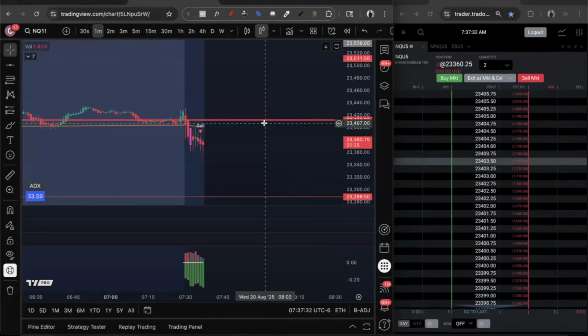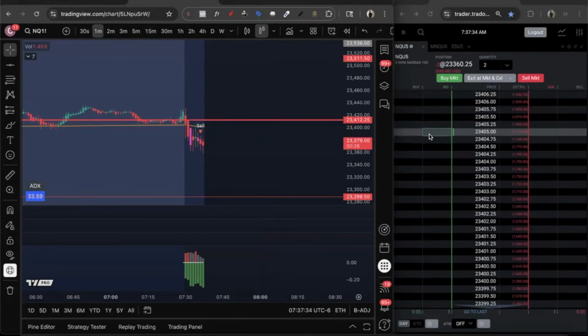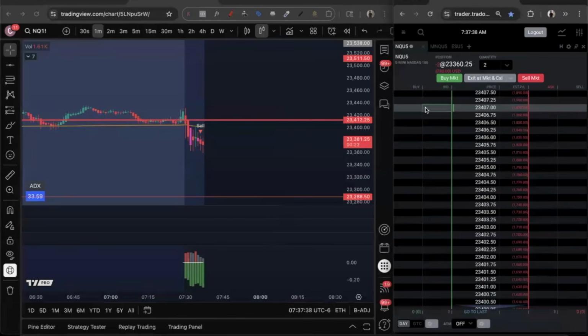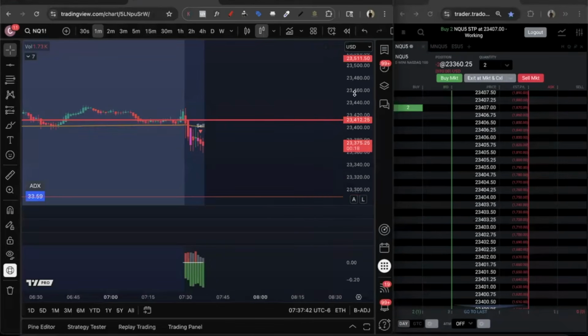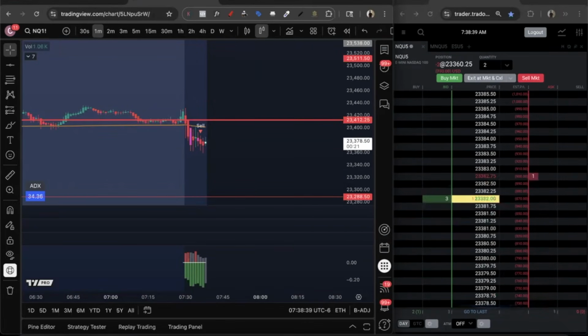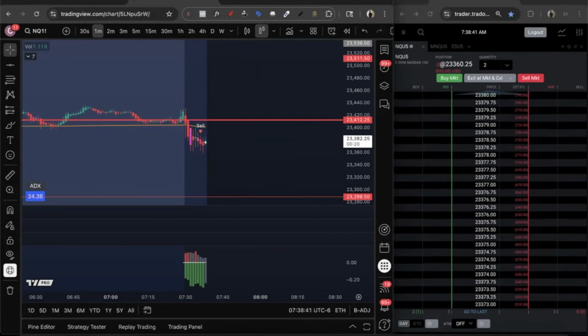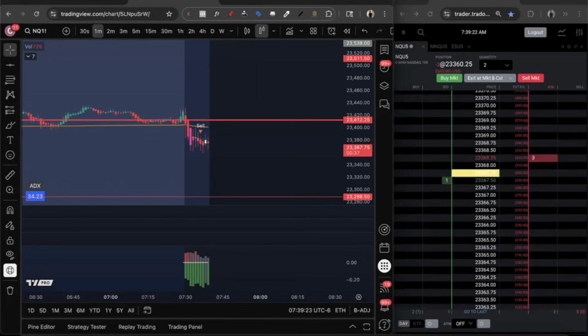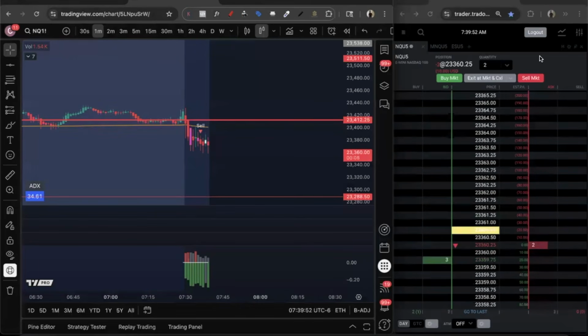Alright, I hopped in. Yeah, I need to put the stop at like 407, I think. I just got the worst entry ever. Should have waited a little. Break the lows here.